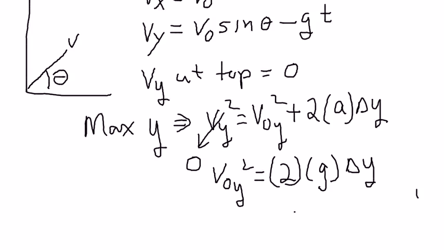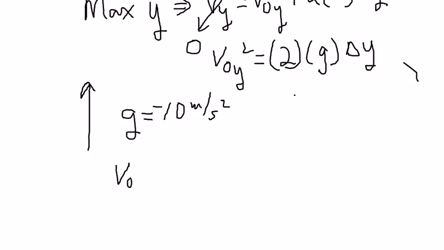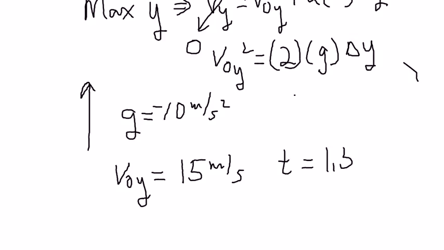Another way to think about this is that as the ball goes up in the air, its velocity is decreasing. The g is 10 meters per second squared, minus 10 meters per second squared, which says, for example, that if I have an initial velocity in the y direction of 15 meters per second, the time to the top is going to be 1.5 seconds.